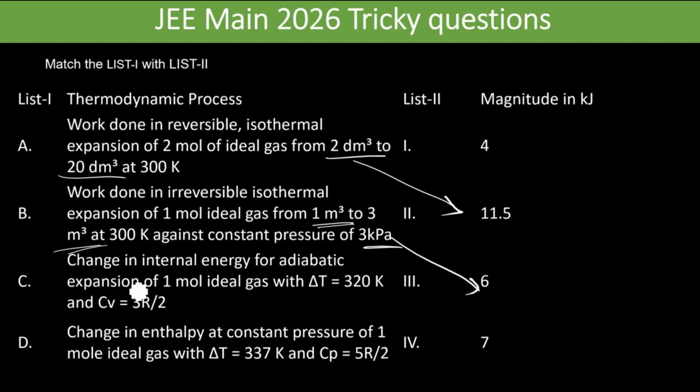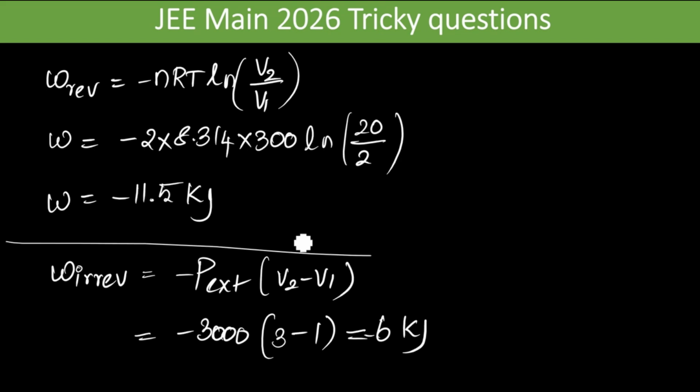And third one, change in internal energy of adiabatic expansion of 1 mole of ideal gas with delta T and CV value is given. Okay, so delta U is equal to nCV delta T, right?